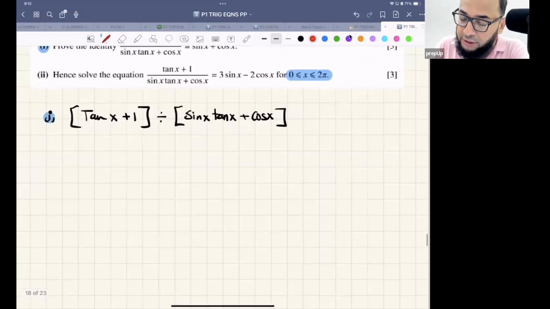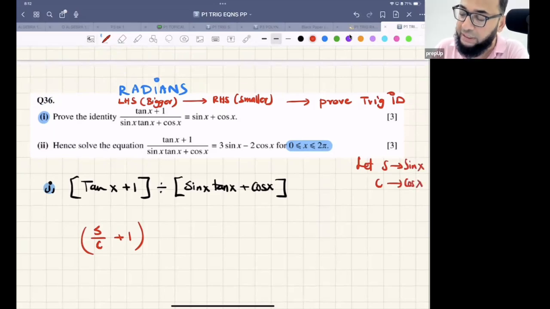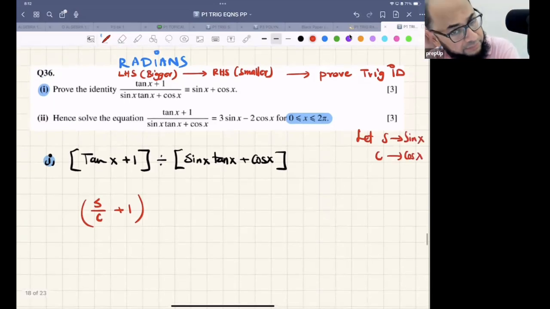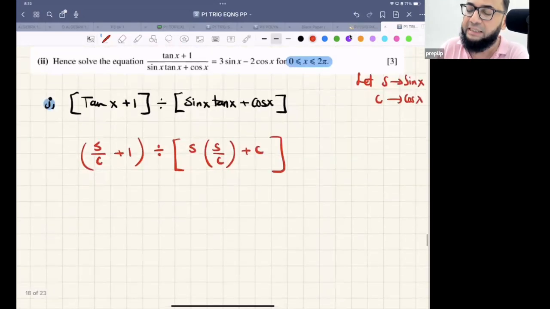So now tangent, that is sine over cos, plus 1. Again, let S be sine x and let me use the symbol C for cosine x. Sometimes they use x, sometimes they use theta. Division, sine x tan x, that is sine, tan is sine over cos, plus cos. Now this makes life really simple.